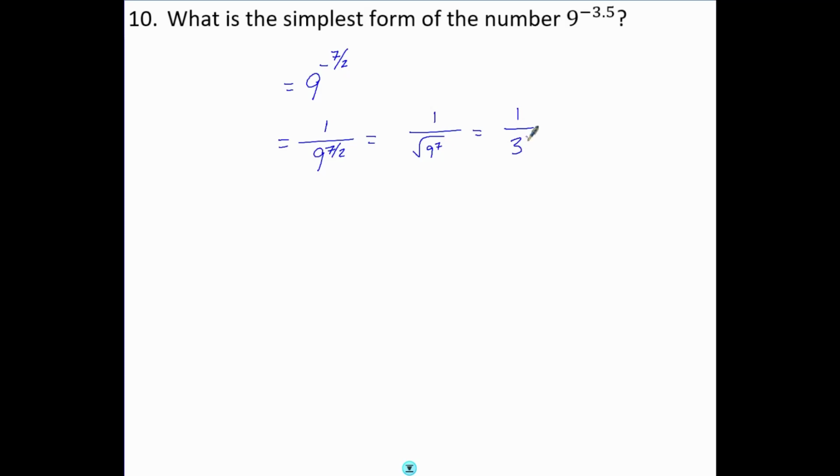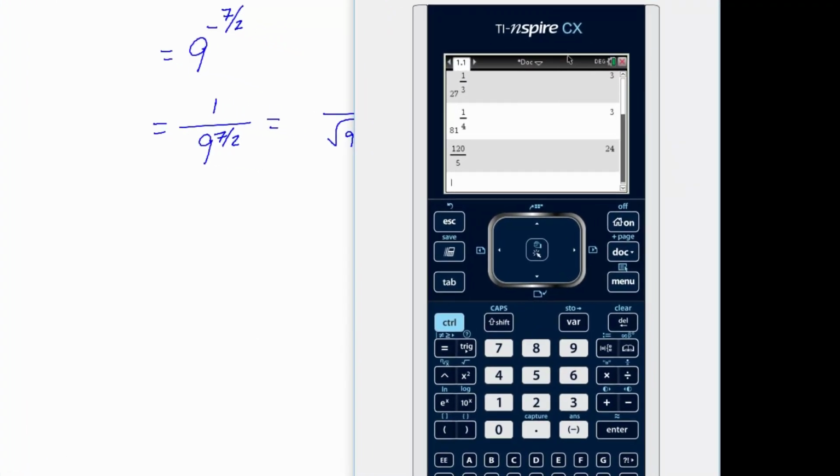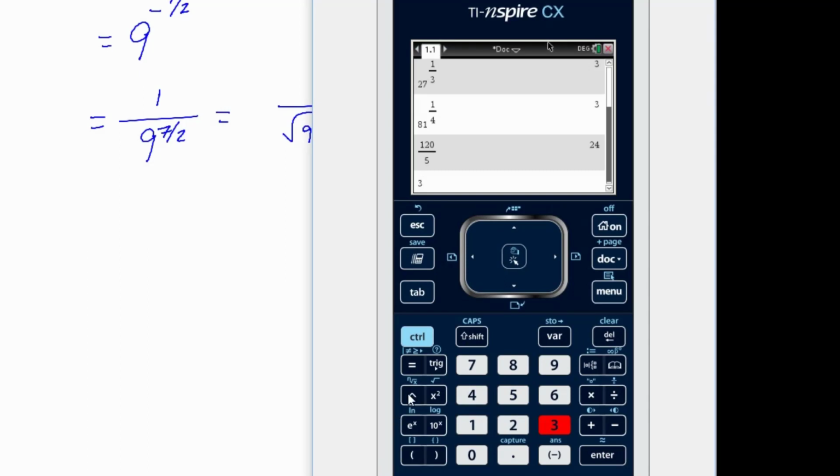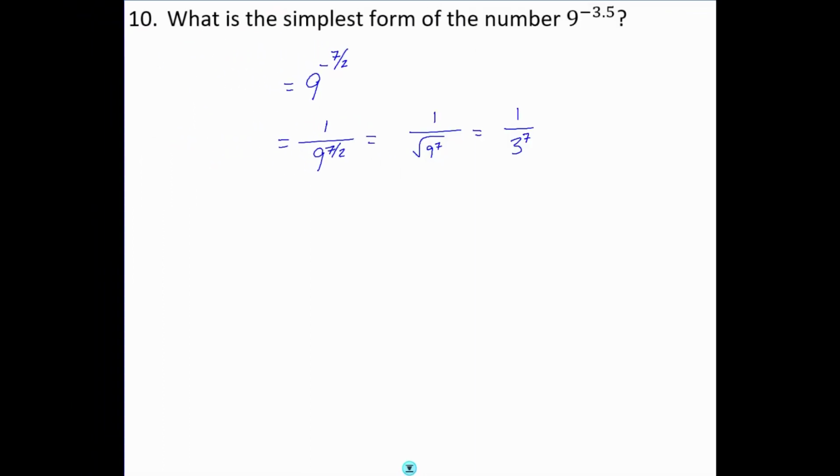So I had 3 to the 7th power. I don't really know what 3 to the 7th power is off the top of my head, but we could figure it out right here. 3 to the 7th power is going to get me 2,187. So what do we have here? Well, that's equal to 1 over, well, what was that number?